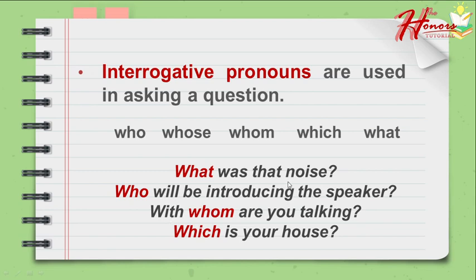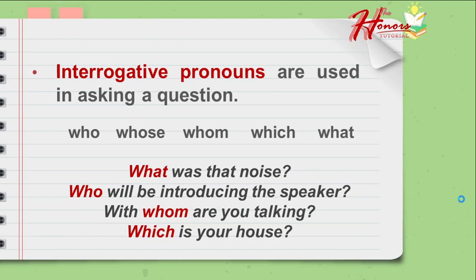Next, with whom are you talking to? Same goes with the second sentence. Whom refers only to people. And last one, which is your house? The word which is the interrogative pronoun, and it refers to an object or a thing. Do you understand? Okay, very good. And those are the other types of pronoun.